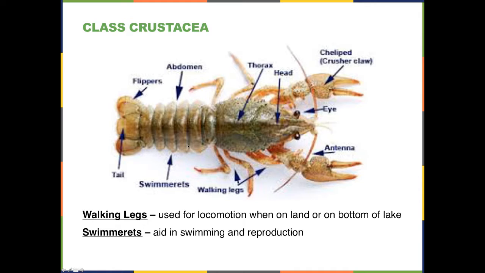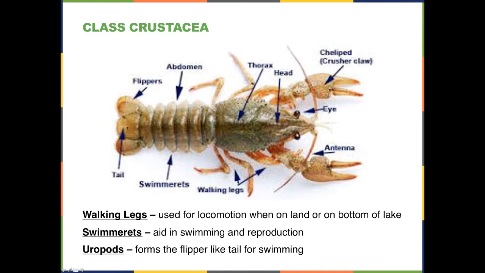The second set of legs, normally found under the tail here, are called swimmerets. Swimmerets generally are used for swimming, but also assist in reproduction, and the reproductive areas are also within the swimmerets. Now back on this end is something called the uropod and telson.